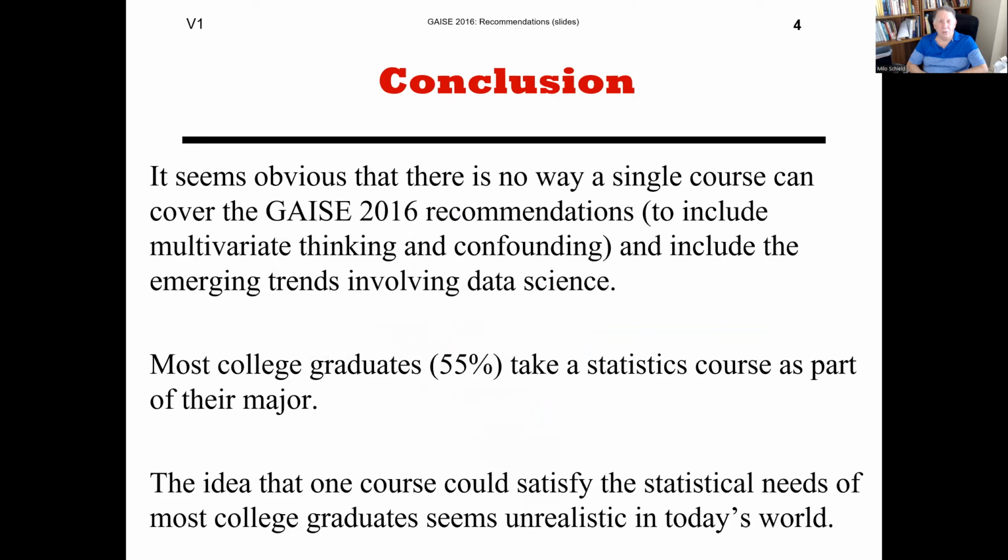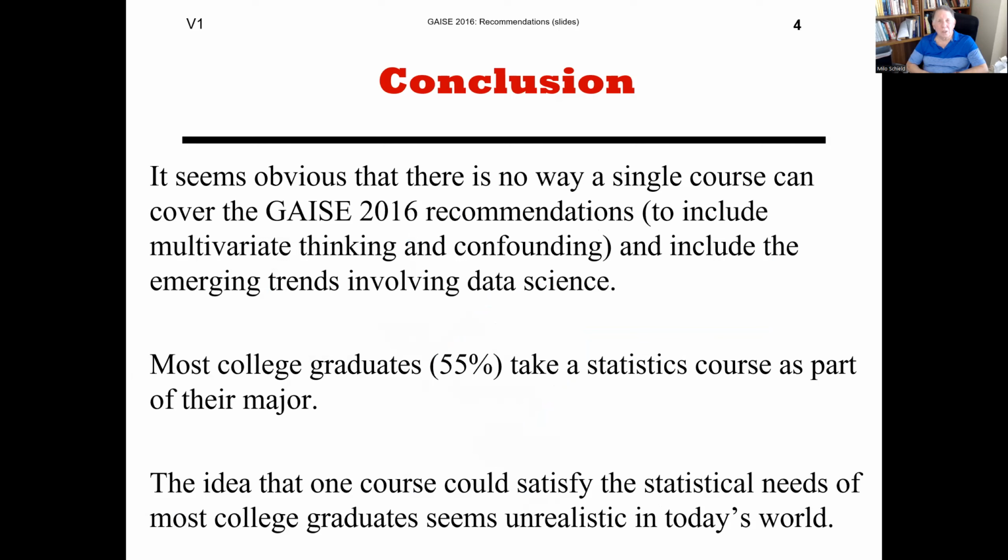It seems obvious, at least to me, that there is no way a single course can cover the GAISE 2016 recommendations, which are to include multivariate thinking and confounding, and also include the emerging trends involving data science and computers. There's just no way.